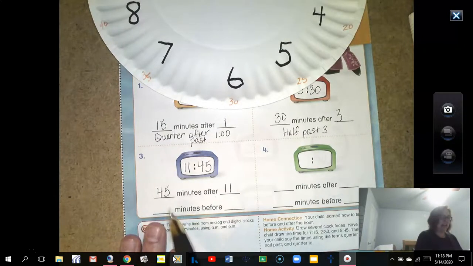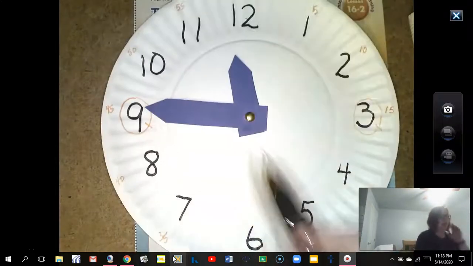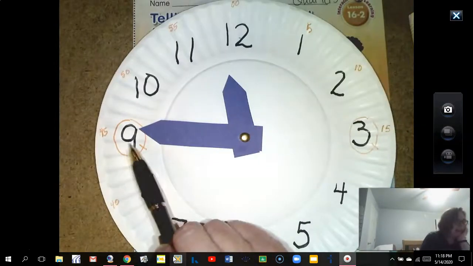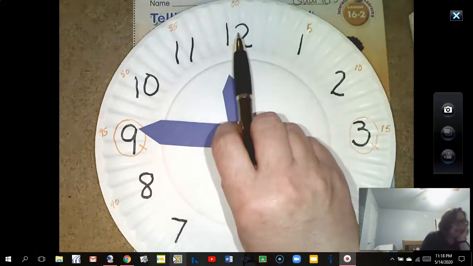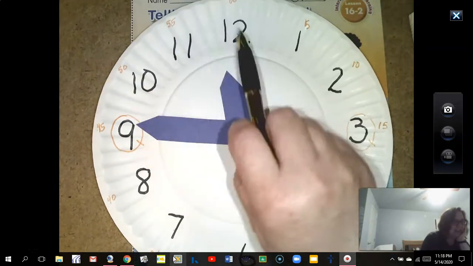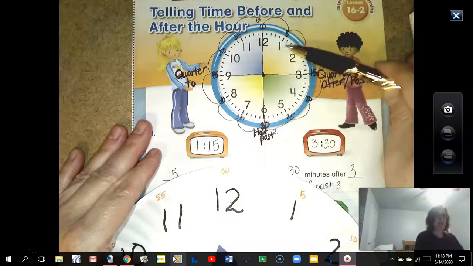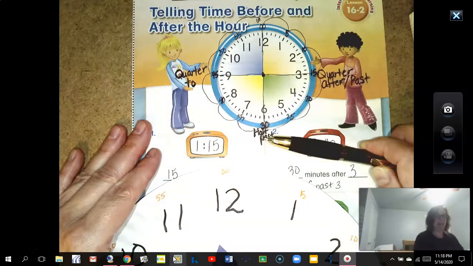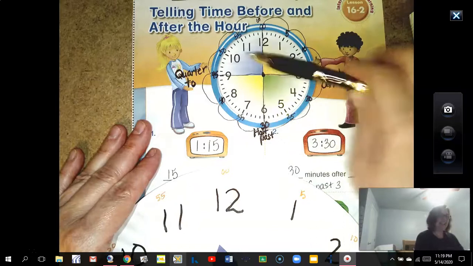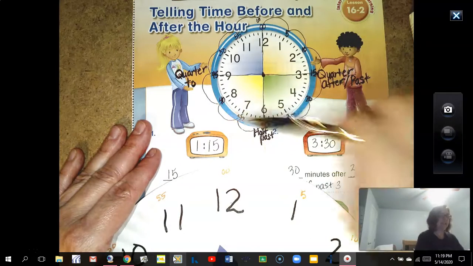And then it says blank minutes before blank. Well, how many minutes, guys, before we get to that 12 o'clock? How many minutes? The minute hand's right here. It has just to get to here. Remember how we said on this clock, each one of these quarters is how many minutes? Yeah, each one of these is 15. This is 15, this is 15, this is 15.